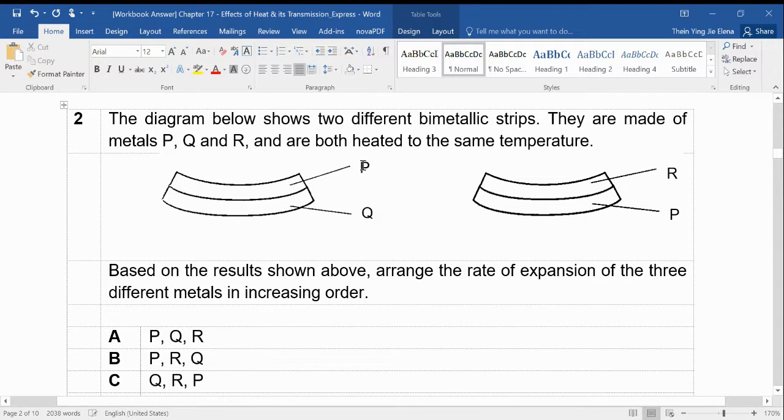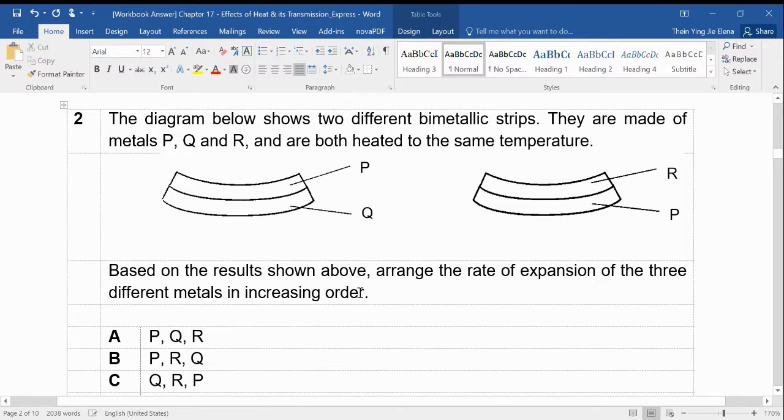If we compare P and Q, we can see that Q is able to expand more than P. Maybe we can note that Q expands more than P. And in this case, P expands more than R. So we can take note that P is able to expand more than R, but less than Q.